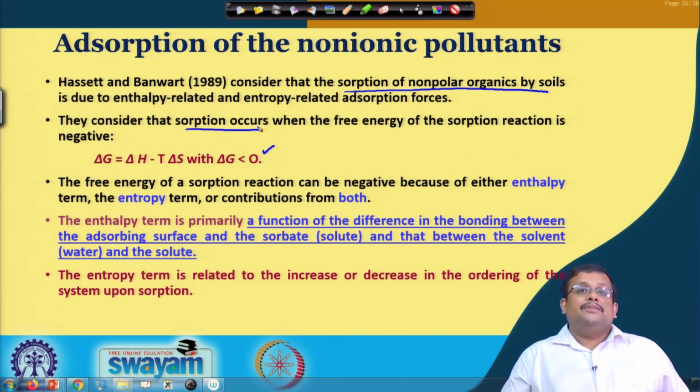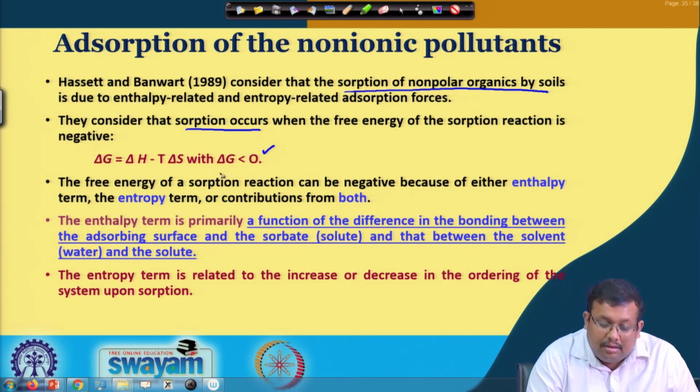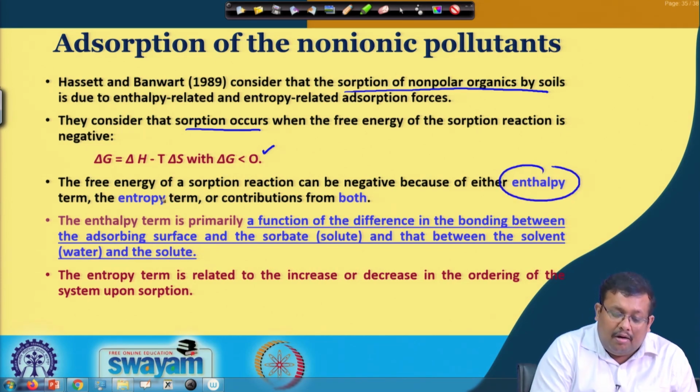The free energy of the sorption reaction can be negative because of either the enthalpy term or the entropy term, or the contribution from both. So, the negative sign of this free energy can stem from either the enthalpy term, the entropy term, or a combination of both.